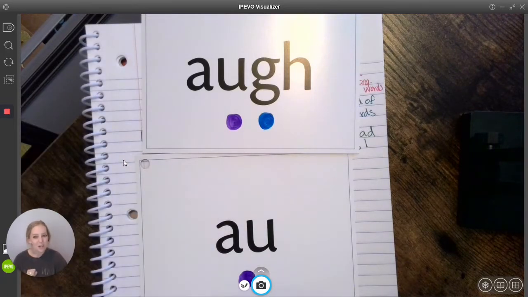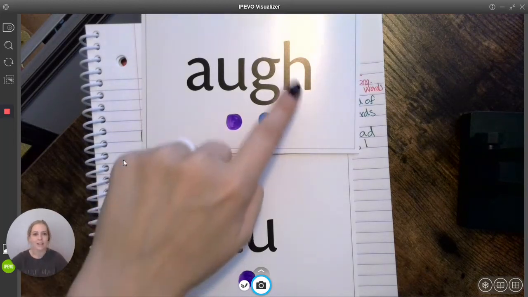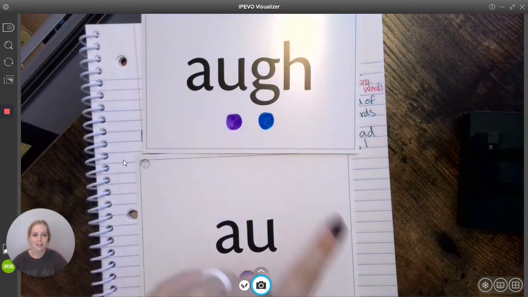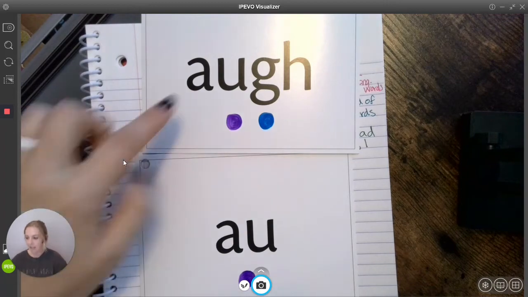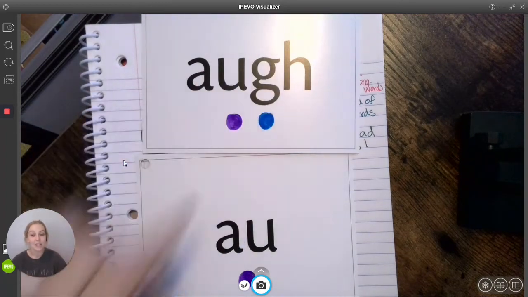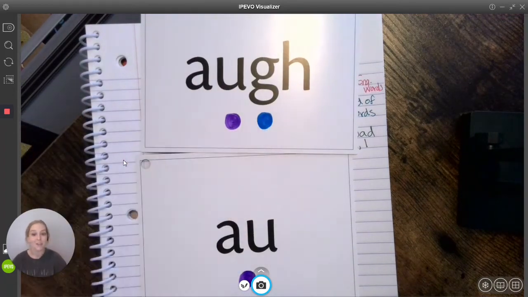What do they both start with? What letters? AU. Good job. How are they different? One has a GH in it and one does not. And then because this has the GH in it, it makes a second sound. And what was that second sound again? Af. Good job.